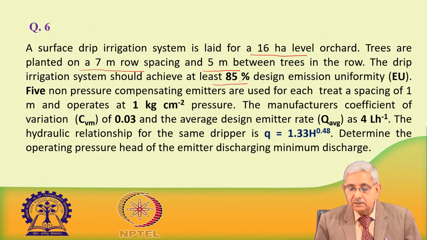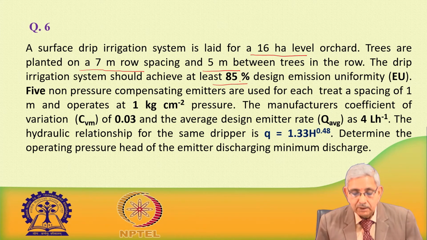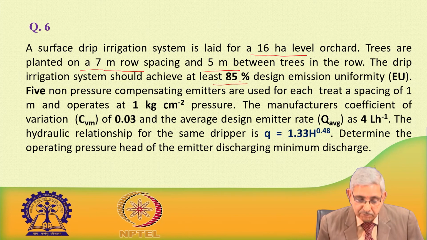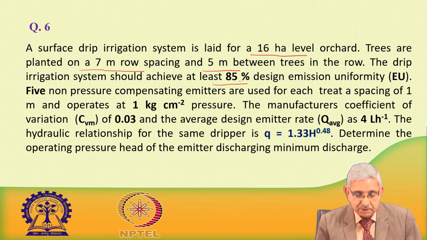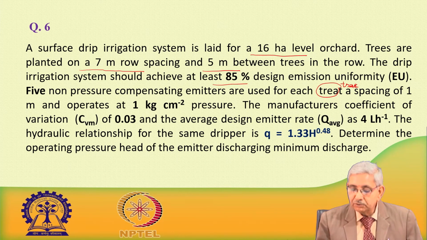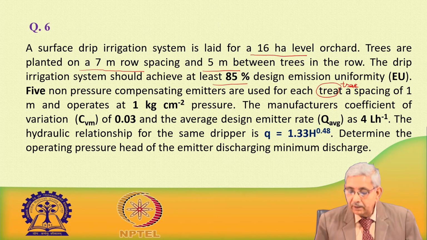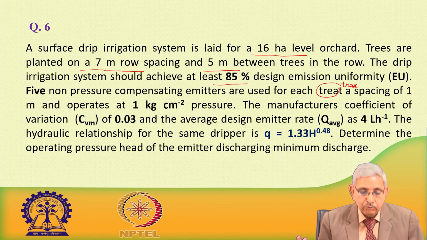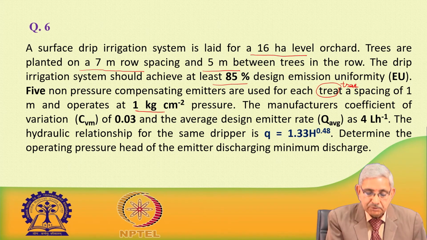It is given that the emission uniformity should be greater than 85%. There are 5 non-pressure compensating drippers used for each tree at a spacing of 1 meter, and they operate at 1 kg per square centimeter pressure.